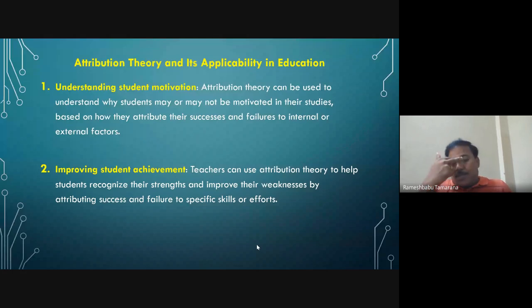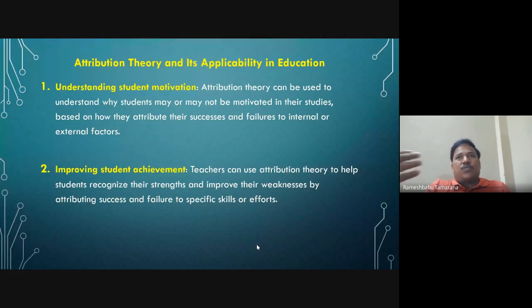The second application is that it also improves student achievement. If teachers are aware of attribution theory, they can use it to help students recognize their strengths and improve their weaknesses by attributing success and failure to specific skills and efforts.